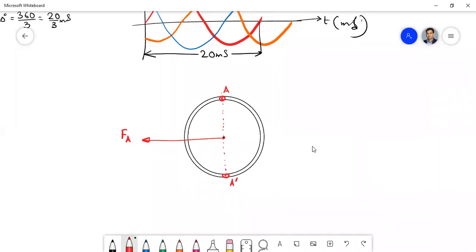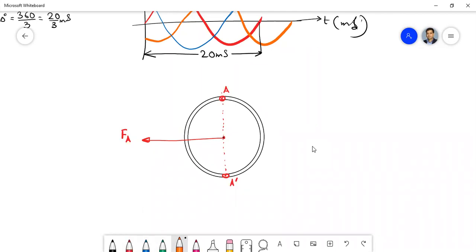Someone has already pointed out this direction of magnetic field, that is right to left. So this is all we have discussed so far. Clear? Okay, sir. Yes, sir. Thank you.